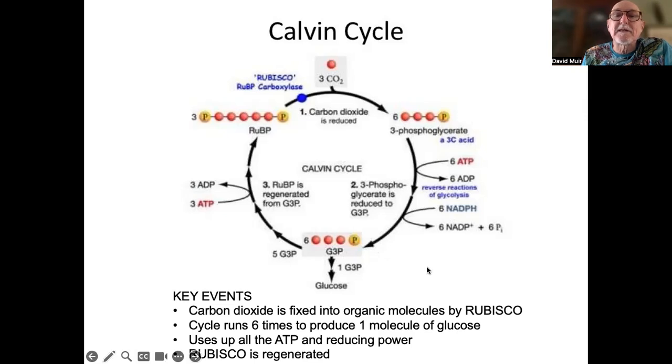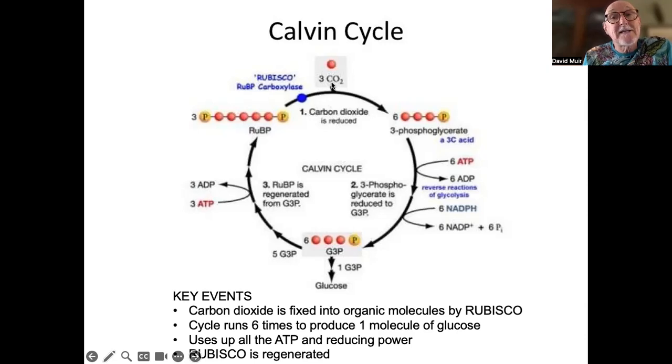There are only a couple of things on this diagram that I want you to remember. First of all, we're adding carbon dioxide to our initial reactant, which is ribulose bisphosphate.